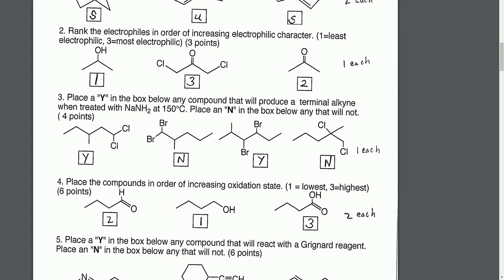Place a Y in the box if it can produce a terminal alkyne using NaNH2, 150 degrees Celsius, right? So this is the reaction. It goes from either vicinal or geminal halides, usually bromide, chloride, doesn't matter, either or, and it'll form a terminal alkyne, okay? But the tricky thing about this question, there are 2 aspects to it.